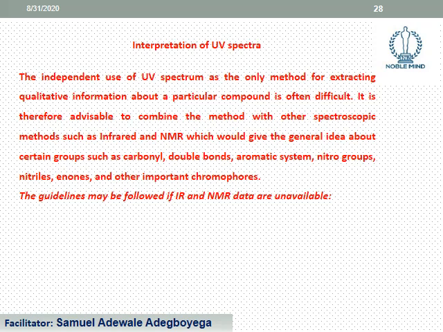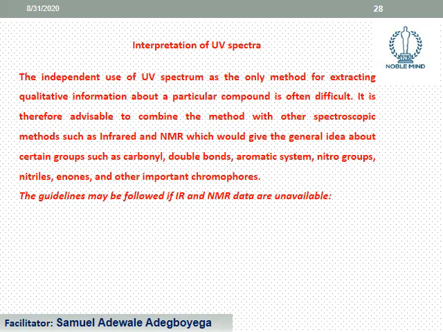So we still put a note here that the independent use of UV spectrum as the only method for extracting qualitative information about a particular compound is often difficult. So we advise that you combine other methods such as Fourier transform infrared spectroscopy, as well as NMR, in order to have a general idea of certain groups of compounds that are present.